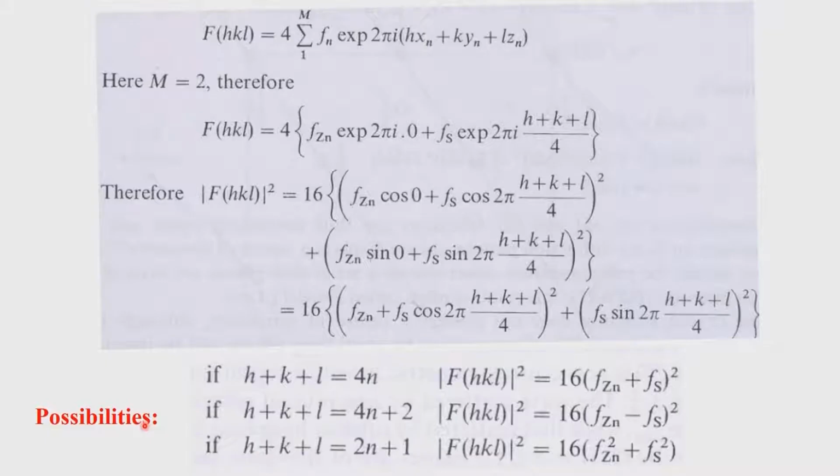So, remember, we have been discussing systematic absences in terms of lattice centering so far. We will also discuss the systematic absences which will come because of translations associated with the 2 screw axes or any screw axis and glide planes. This is with respect to the symmetry elements. But once we have these symmetry elements identified in the space group, we already know that there are some what we call special positions.